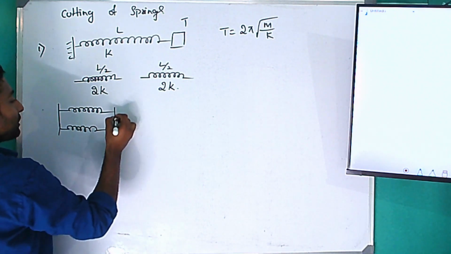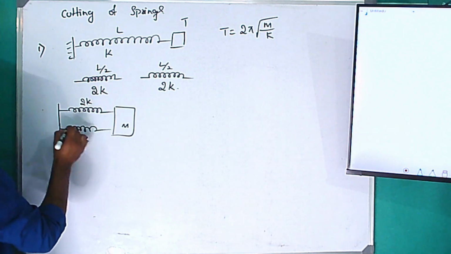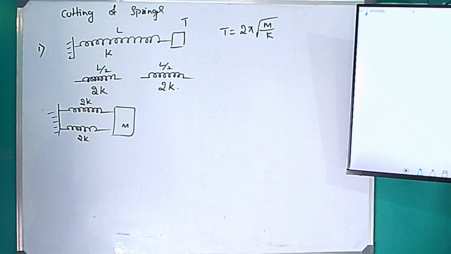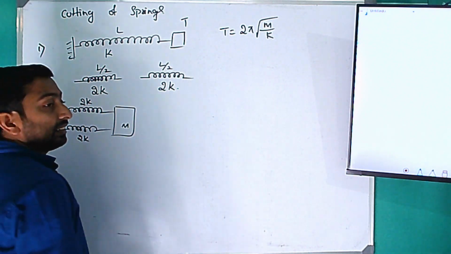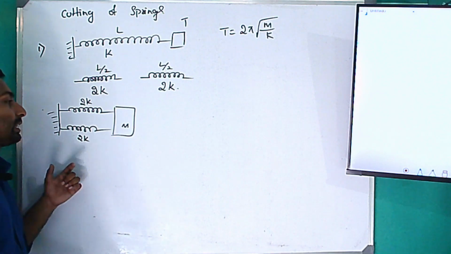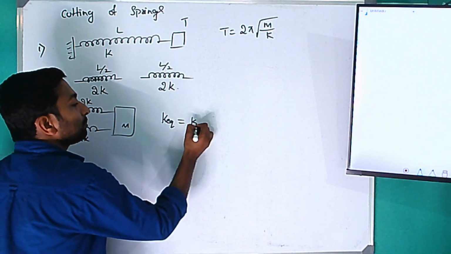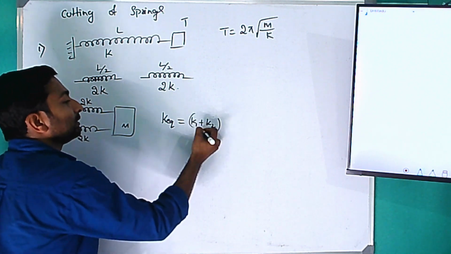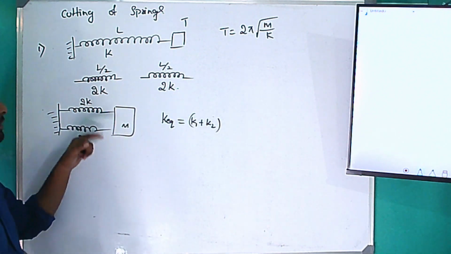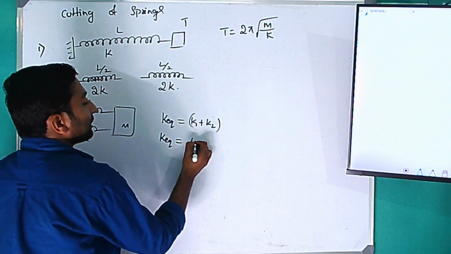What is the spring constant of each spring? 2k, and this is also 2k. So when the springs are connected in parallel, what is the net spring constant, the equivalent spring constant? K equivalent is equal to k1 plus k2. Am I right? What is k1? 2k. K equivalent is equal to 2k plus 2k, that is 4k.